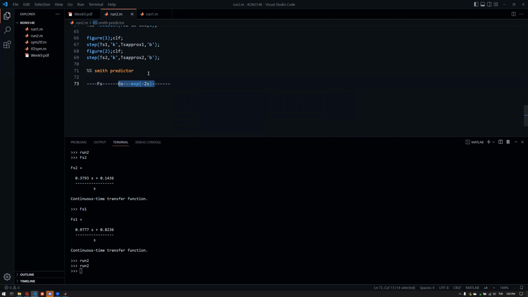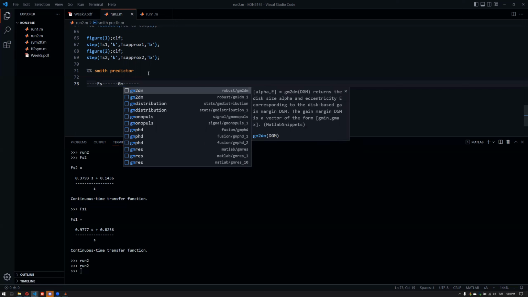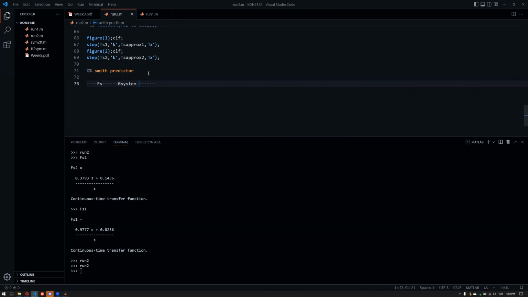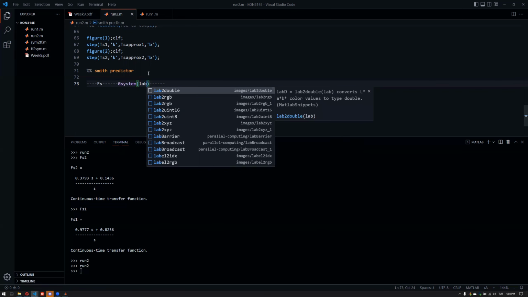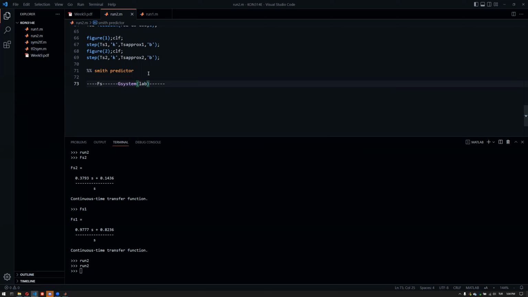Let's assume that this is an induction motor in our laboratory, and we're basically assigning this mathematical model to this system. But in real life, this is basically the model or the system itself in the lab. So this exists actually.